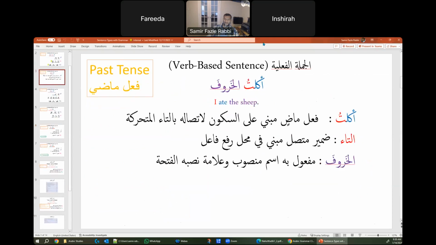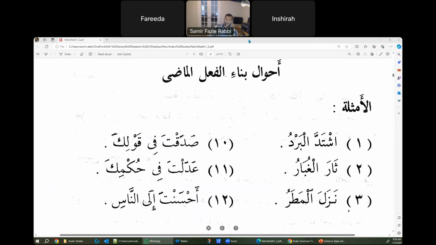All right, here we go. أكلت. Here's فعل مبني على السكون. So this أكلت, there's a sukun right here. The ta is considered the fa'il, the subject. And that's what it says here: ضمير متصل مبني في محل رفع فاعل. In this chapter, we're looking at the different mabniun forms of the past tense.